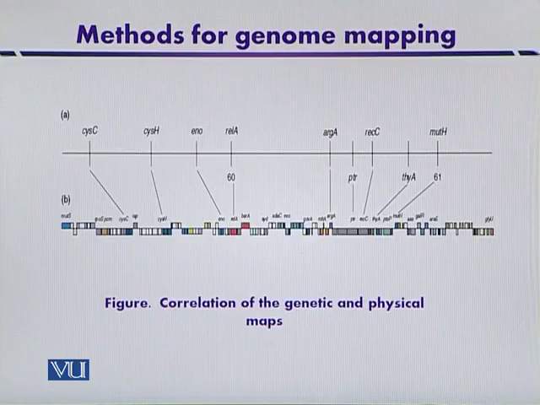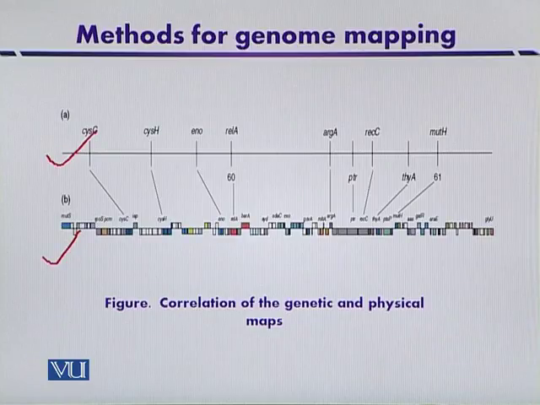Similarly, this diagram shows the comparison between the linkage map and physical map. The upper one is the linkage map, and the lower one is the physical map, where we have the exact idea of where a particular gene or genetic marker is located. So if we compare these two regions, we will know that most of the part is showing matching after several years.